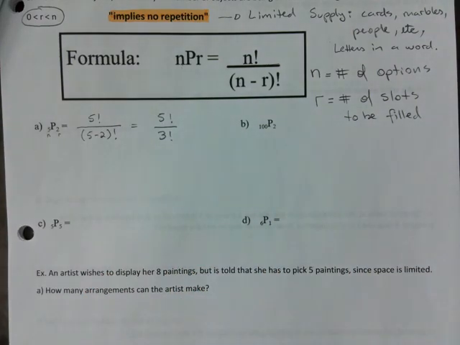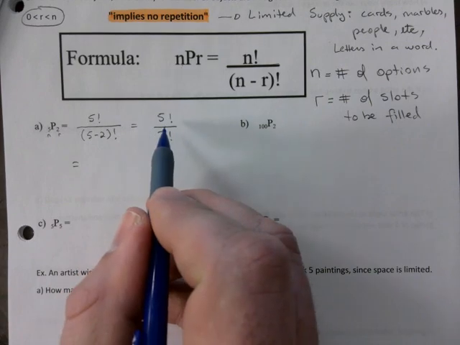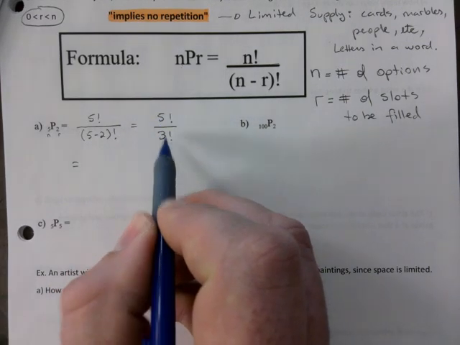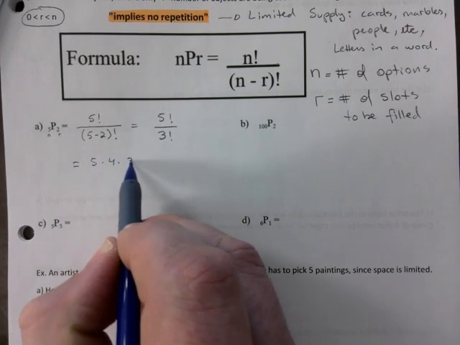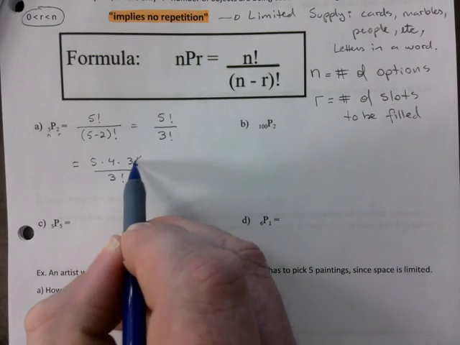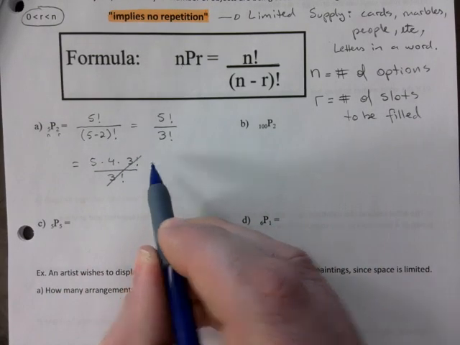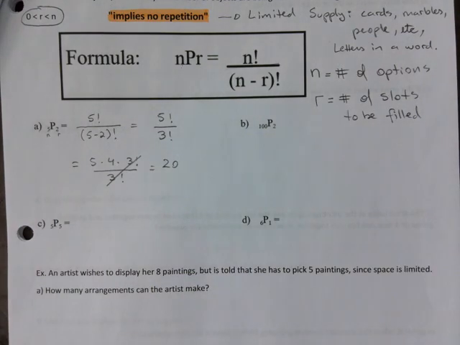This is on page 18. If I asked you to simplify it, show your work. Which one is the greater one? 5, right? So 5 times 4 times 3 factorial divided by 3 factorial, cancel it. It's 20.